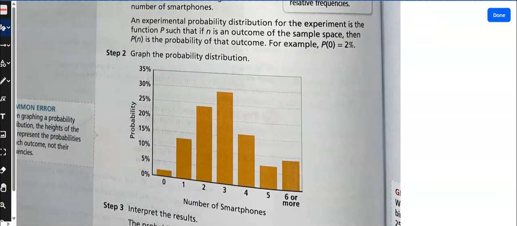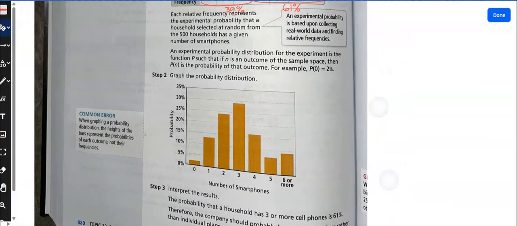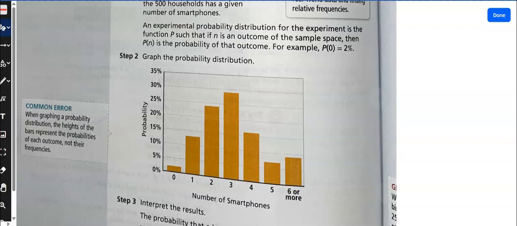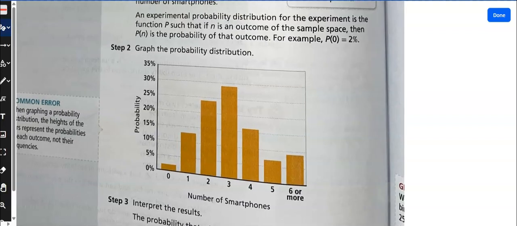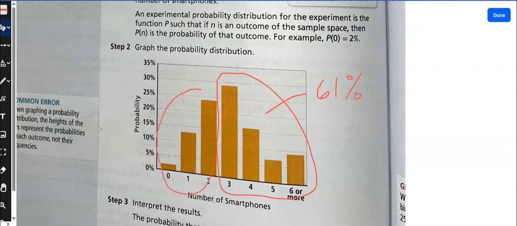Graph the probability distribution? We could. An experimental probability distribution for the experiment is a function. All right, so we could graph this. These are the bars that add up to 61%, and these are the bars that add up to 39%. So why would I want to create a bar graph?